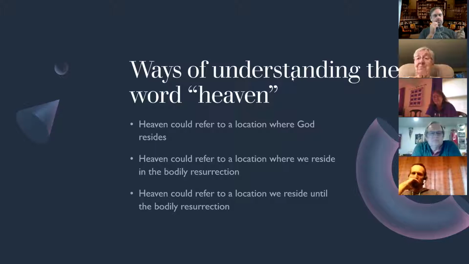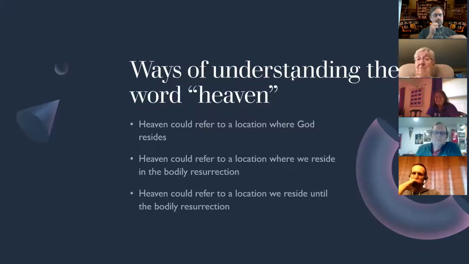Heaven could also refer to a location where we reside until the bodily resurrection, right? So you die, you go to heaven. That's another way people will talk about heaven. But you could also talk about heaven as a place you reside after the bodily resurrection. In other words, heaven on earth, right?